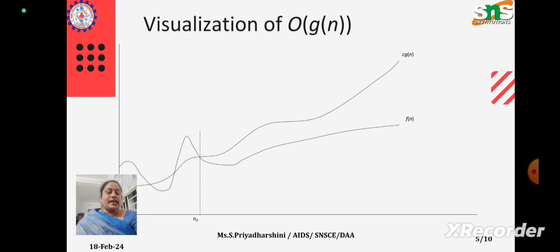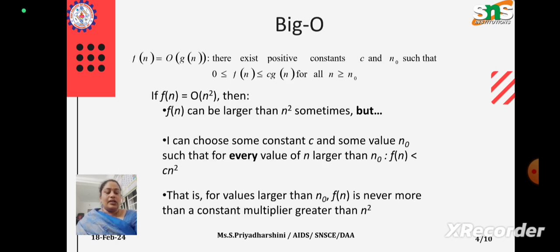Let's say my time is small, my function is f of n. Now if I have to write f of n in terms of, let's say, order of g of n, what does this mean? It means that c into g of n will always be greater than f of n. If you have to represent f of n in terms of big O, then f of n should always be less than or equal to c into g of n.